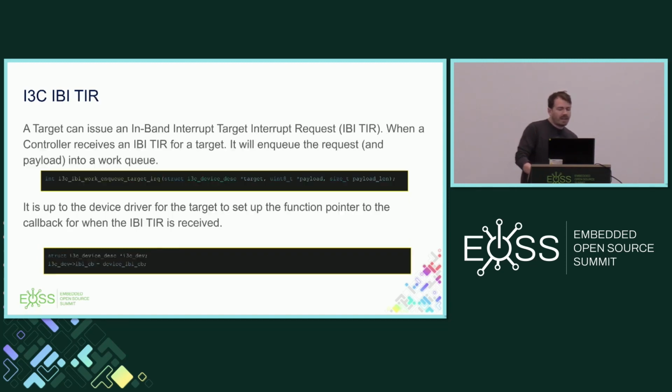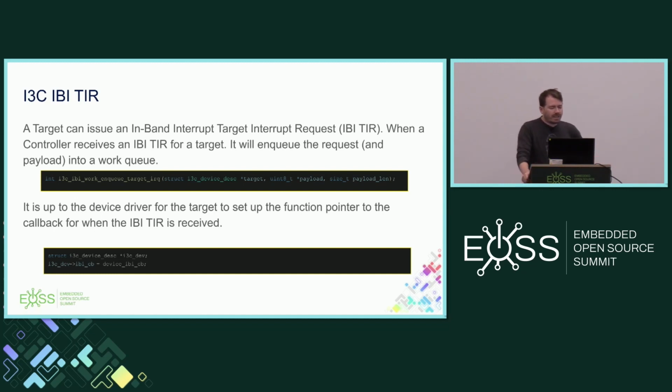And for a target interrupt request, if I'm working on an accelerometer or sensor, I need to have some way of getting called back for, let's say, accelerometer data ready or gyroscope data ready, for example. So when the controller receives an IBI TIR for a target, it will then enqueue the request into a work queue.